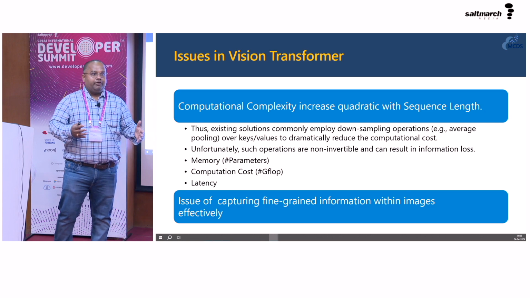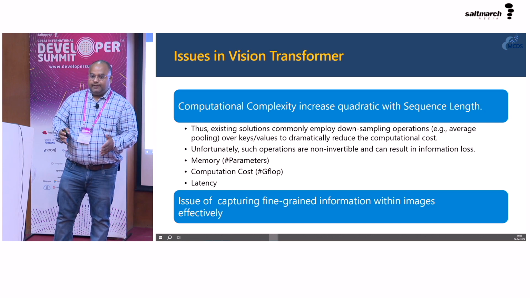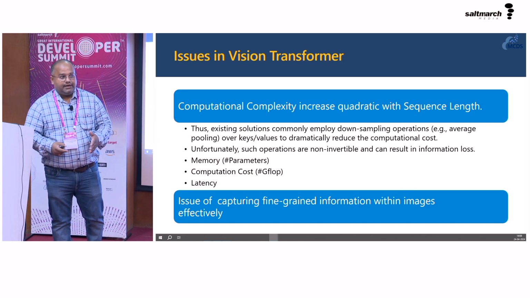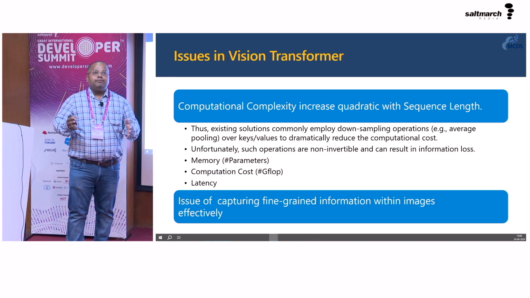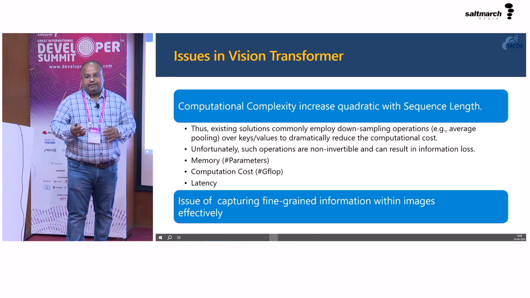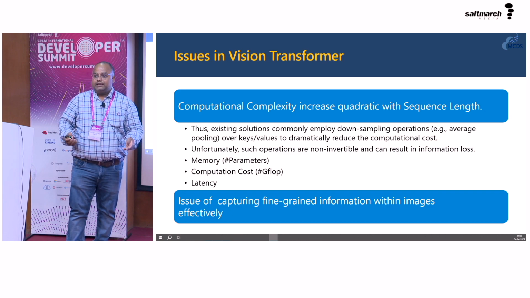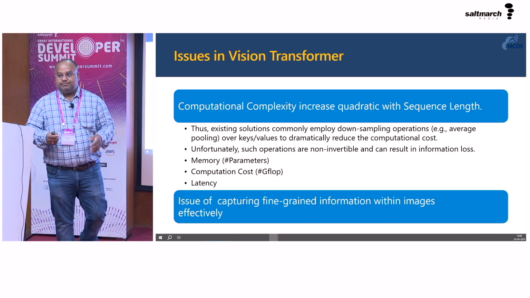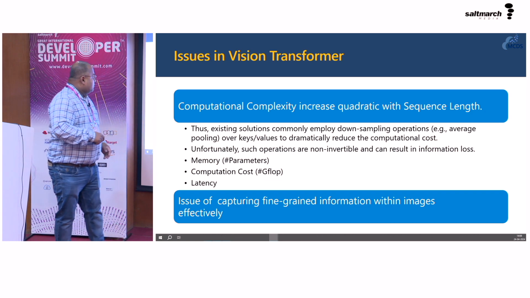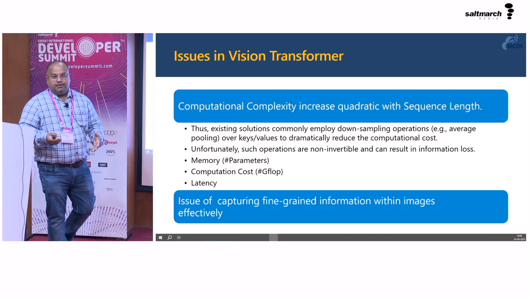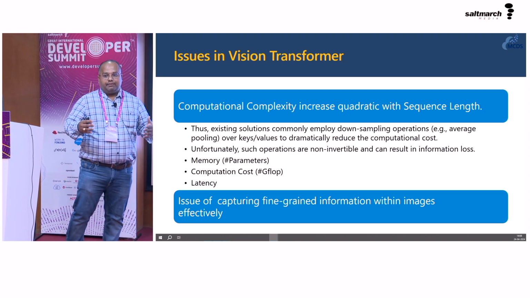Then there is memory. In 2020, Google published a model known as the vision transformer, which needs a huge memory, something like 500 MBs. So how do you reduce the number of parameters?